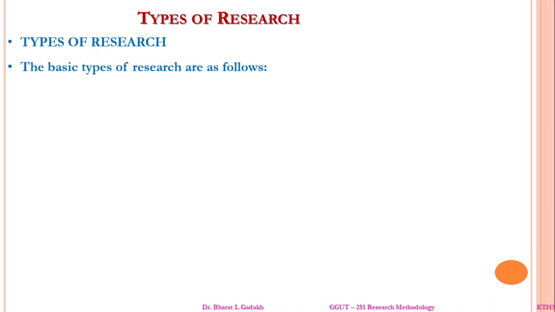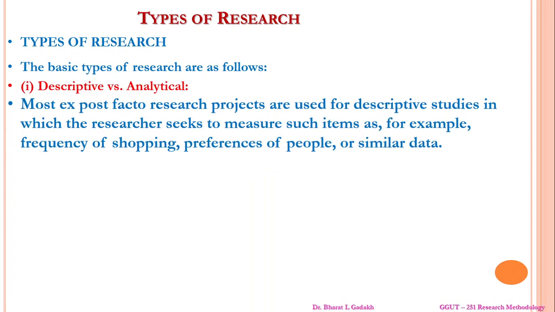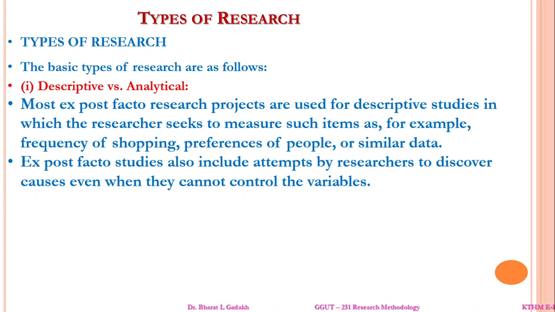Now, this is the type of research: the basic research follows descriptive and analytical. Most ex post facto research projects use descriptive studies, in which the researcher seeks to measure items, for example, frequency of shopping, preference of people, or similar data. Ex post facto studies also include attempts by the researcher to discover causes even when they cannot control the variables.